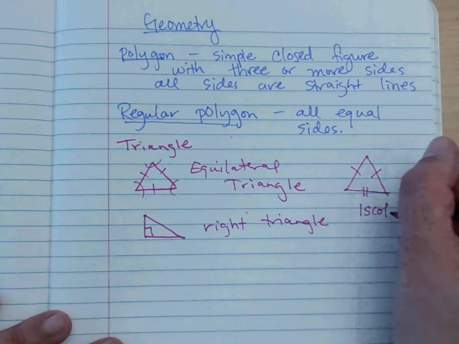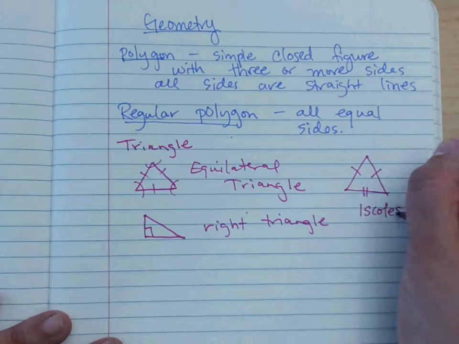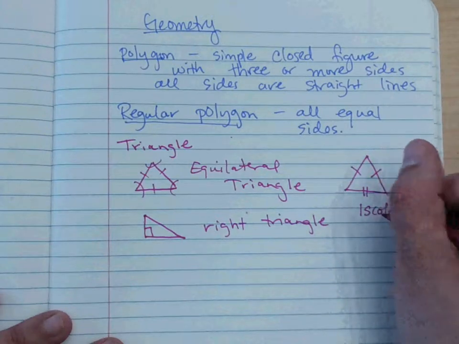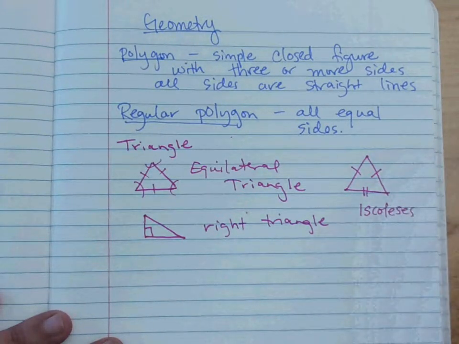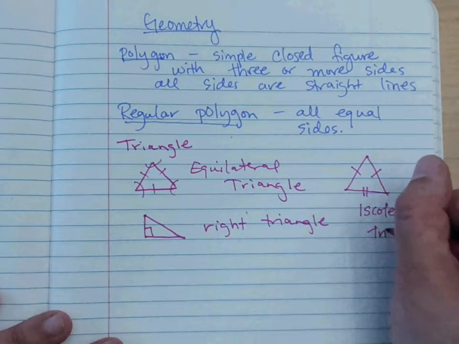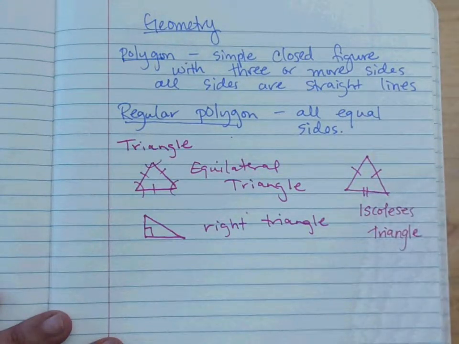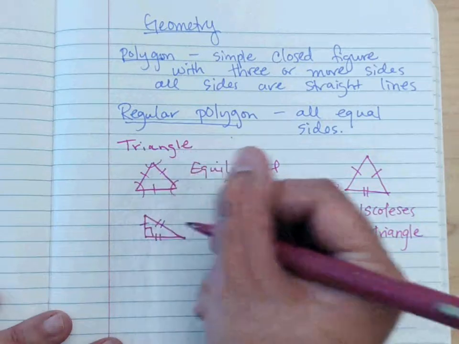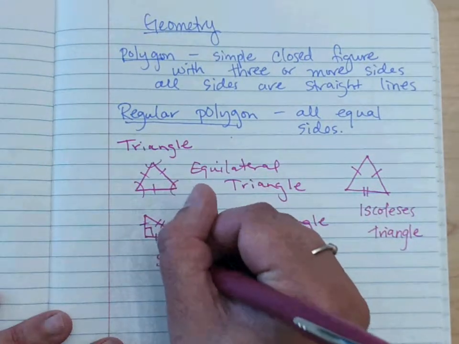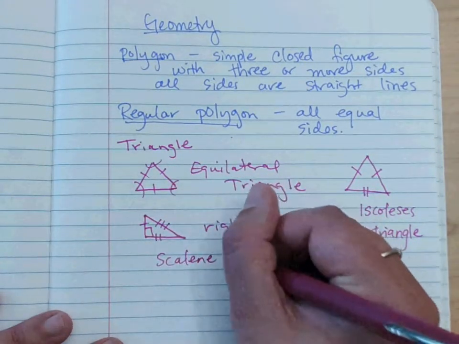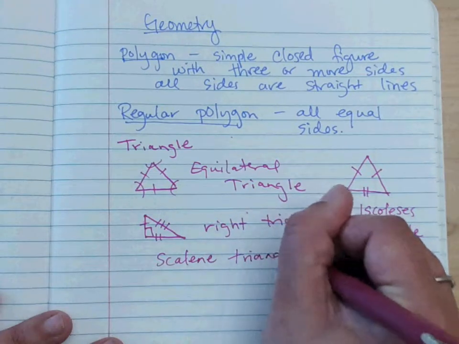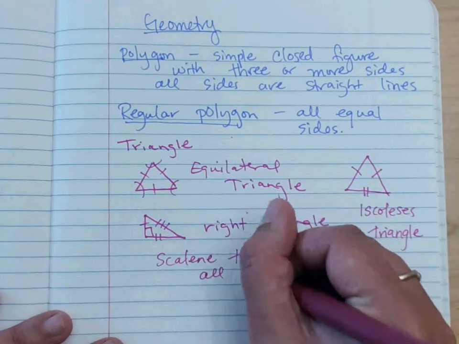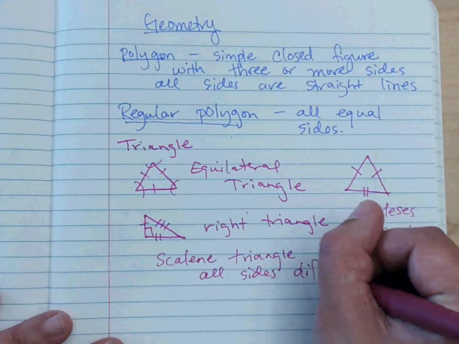It's isosceles. Oh no, I can't spell isosceles. Isosceles, something like that. An isosceles triangle has two sides the same, and a scalene triangle has all sides different.